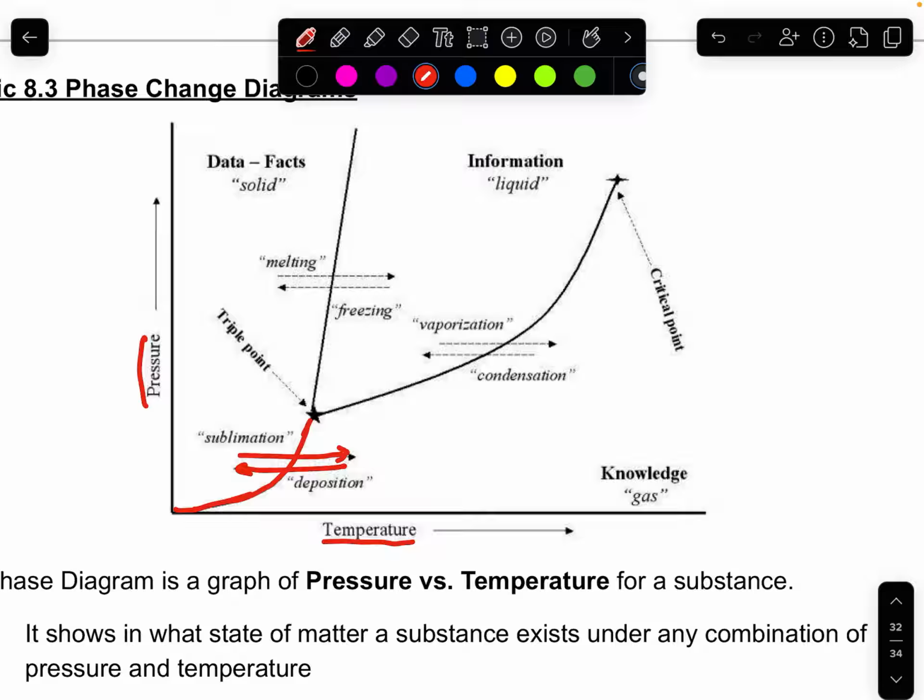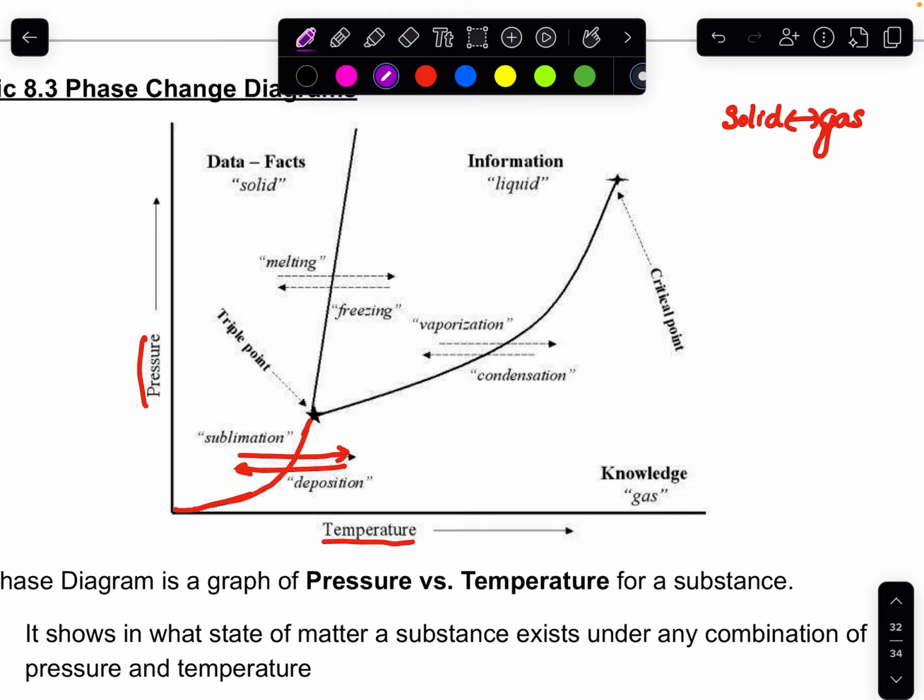Sublimation and deposition mean the conversion of a solid directly into gas without passing through a liquid state. Sublimation is solid to gas, and deposition is the opposite, that is, gas is converted into solid.